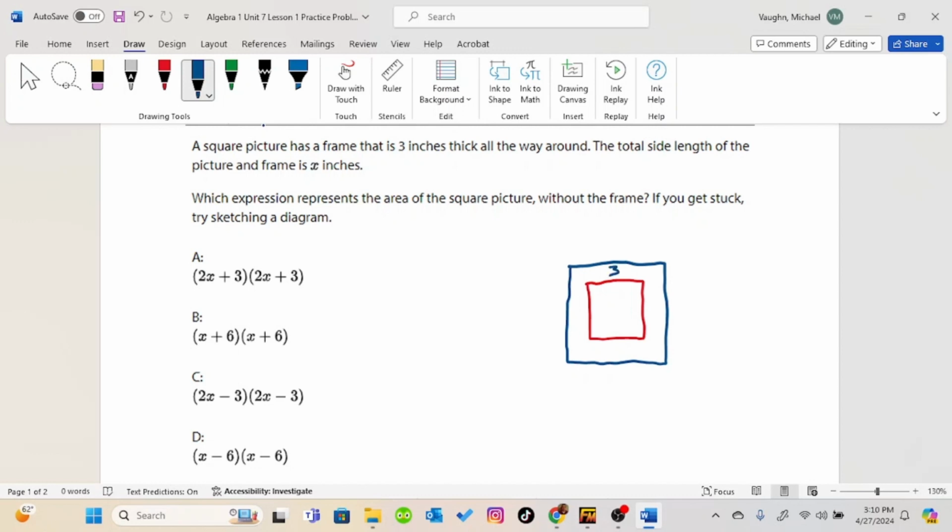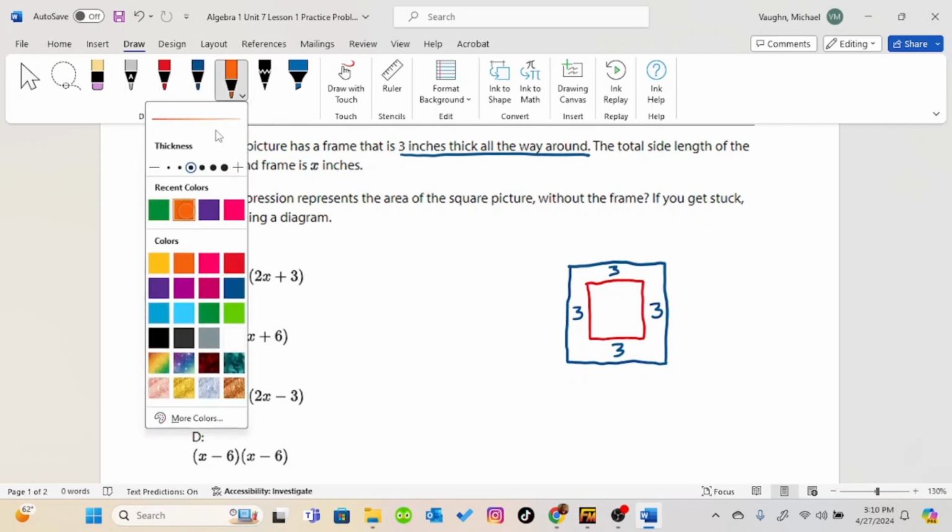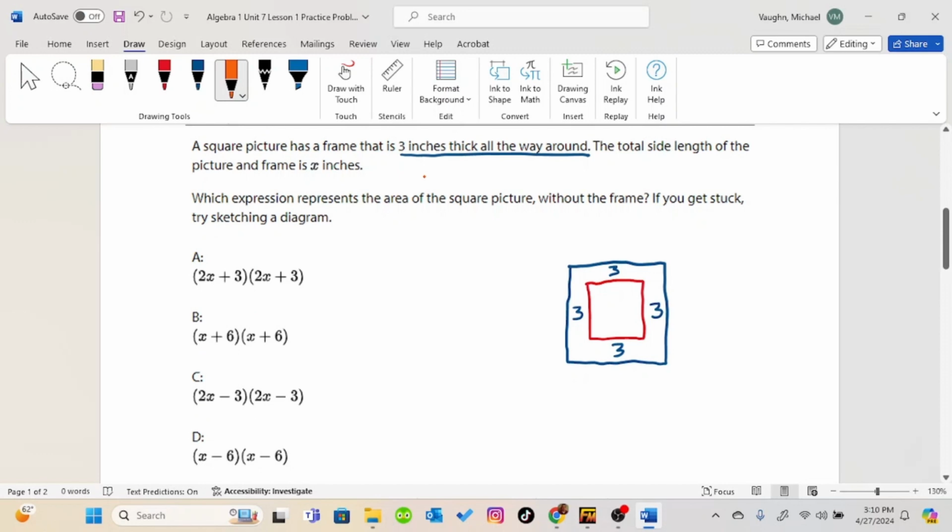So this side is 3, this side is 3, this side is 3, and this side is 3. Then we know the total side length of the picture and frame is x inches. So from one side of the frame to the other side of the frame is x.